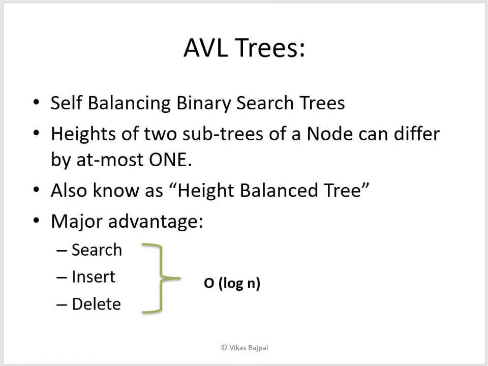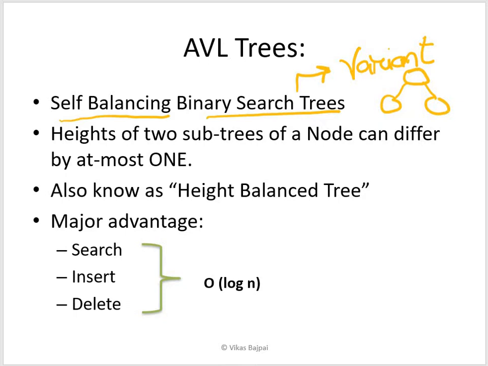One is that it is also known as your self-balancing BST, right? So once again you can say that it is nothing but a variant of BST. So that means it will have either 0 child or 1 child or at most 2 child with some additional properties.